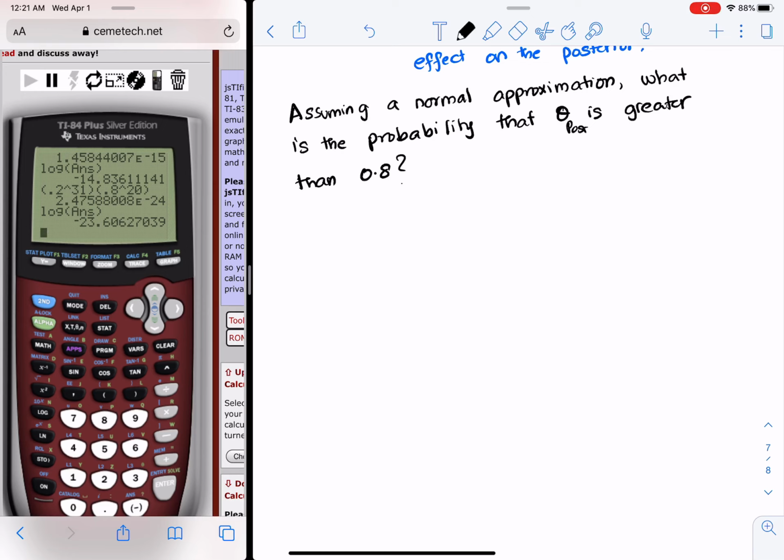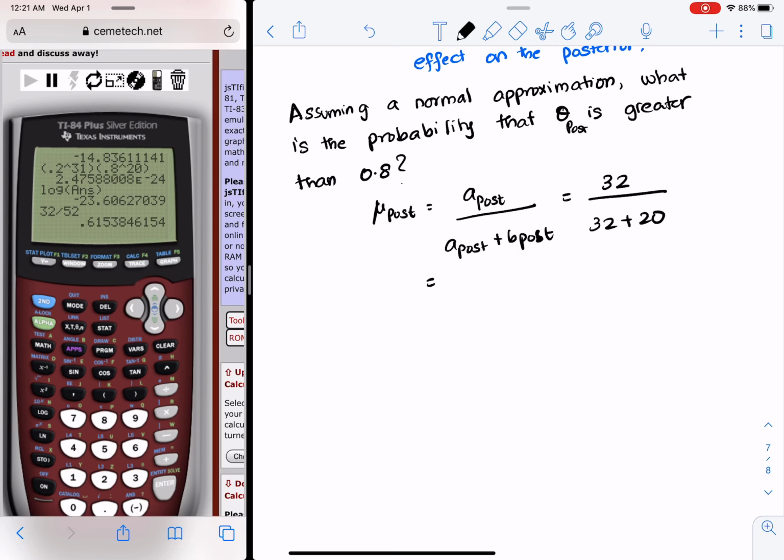Since we're using a normal approximation, we would want to know the posterior mean, which is A post divided by A post plus B post, which is simply 32 divided by 32 plus 20, which is 0.6154.